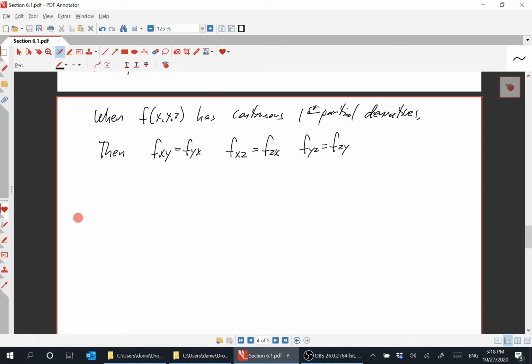Given a function f(x,y), the gradient is the vector field given by the partial derivatives, partial derivative with respect to x in the x-coordinate, partial derivative with respect to y in the y-coordinate.